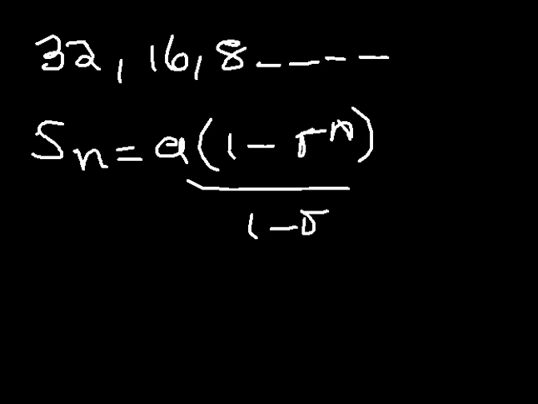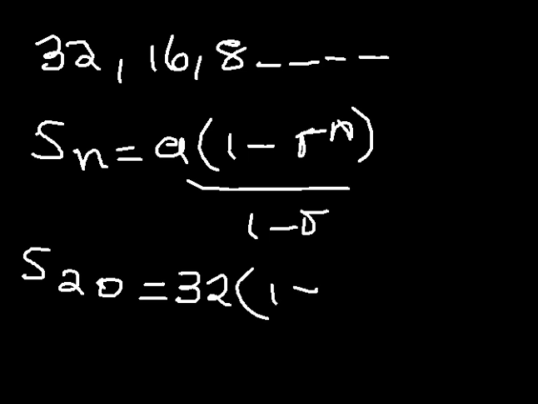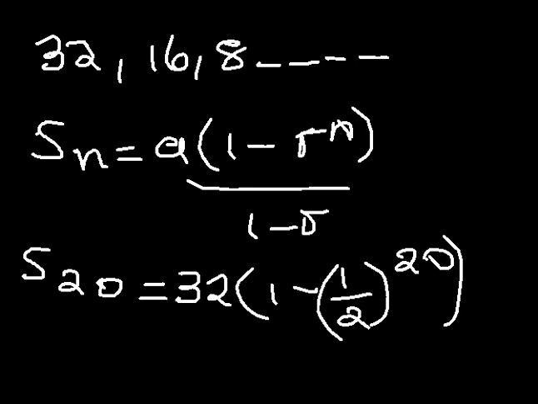So in this case, we just substitute: the sum of 20 terms is the same as the first term, 32, times 1 minus the common ratio, which is 1/2, to the power 20, because 20 corresponds to the number of terms, and overall divided by 1 minus half.